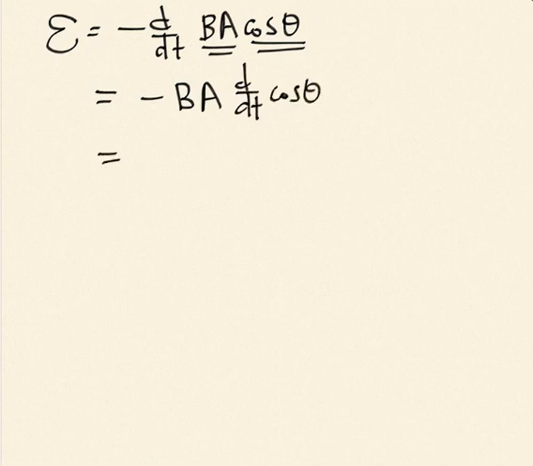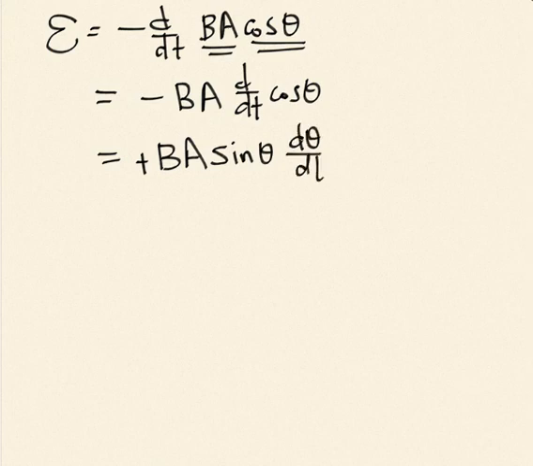Theta is changing in time, so I get minus B A. The derivative of cosine theta, of course, is negative sine theta, so I get negative sine theta times d theta dt. And d theta dt has been defined for us.